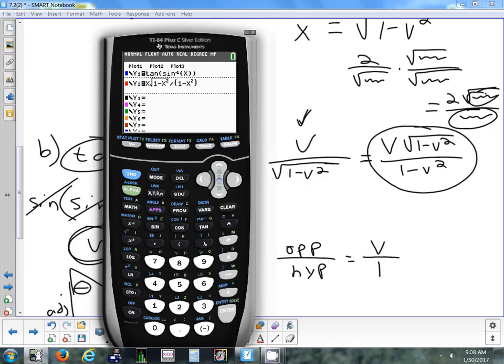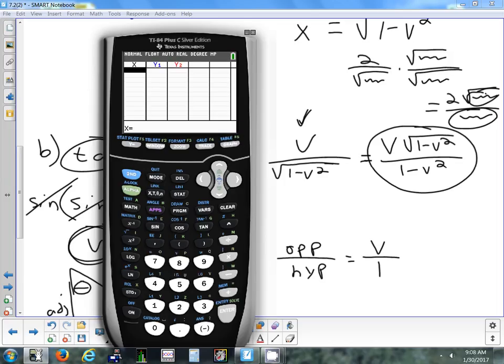It's just a little tricky to type in. If I did this correct and typed it correctly, when I graph y1 and y2, they should be the same thing. There's y1, and y2 just traced right over it. You could also go in your table and try values. They should come out exactly the same every time. If they do, then you found the right formula. So it's easy to check your answer.